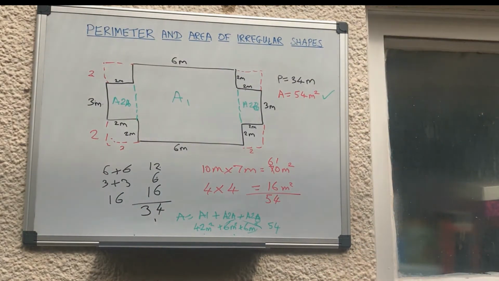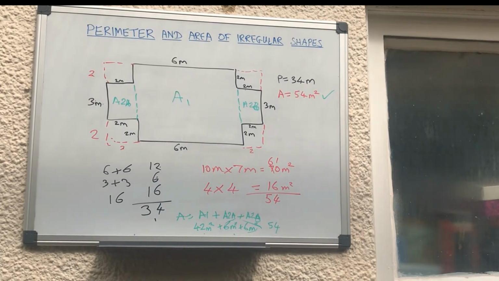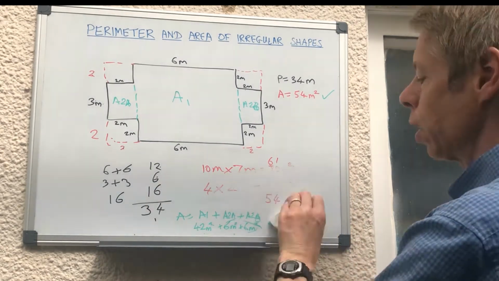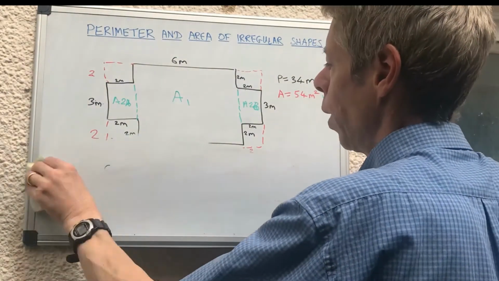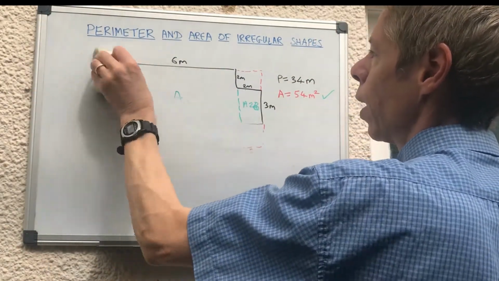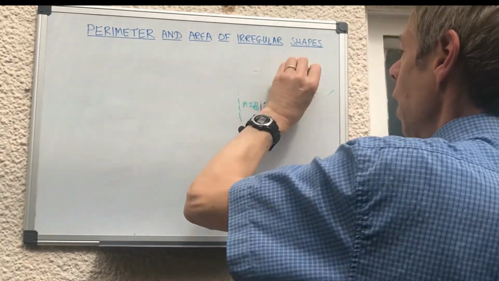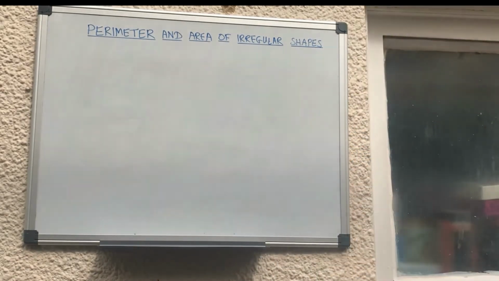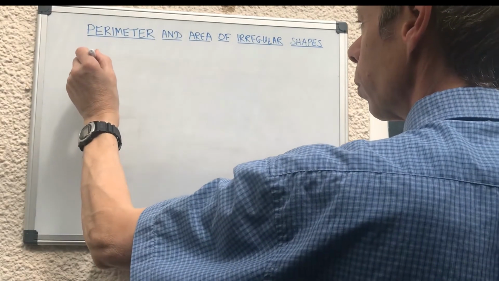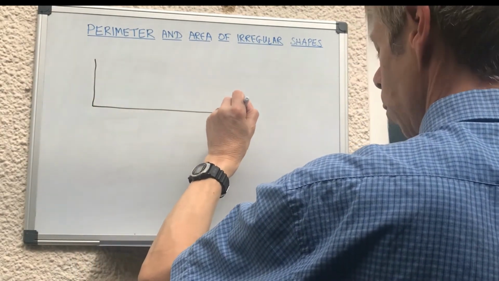Okay, so time to get your pens and paper for a test, and we're going to do 2 shapes in this test. So make sure you've got your pen, pencil and paper ready. There's 2 shapes here, and you're going to have to work out the perimeter and area of each one. Okay, so shape number 1. Fairly simple shape.